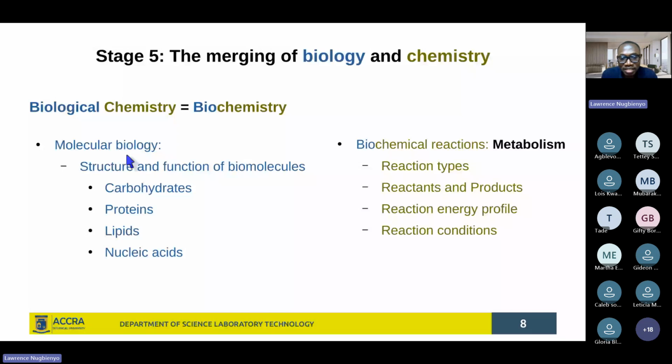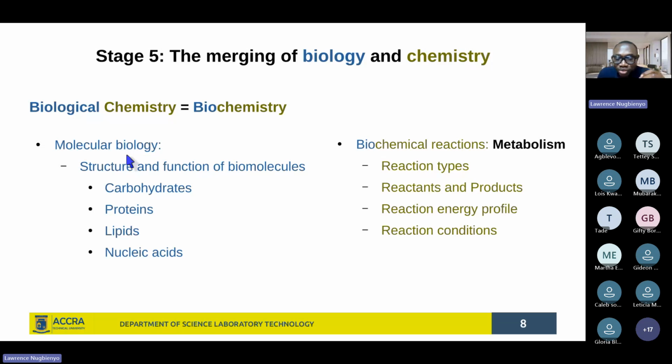So you start looking at this cell membrane as made up of some phospholipids with some proteins embedded in it, or there can be some glycoproteins, glycolipids that are on these proteins or on the lipids serving as some receptors. So you are now referring to molecules.